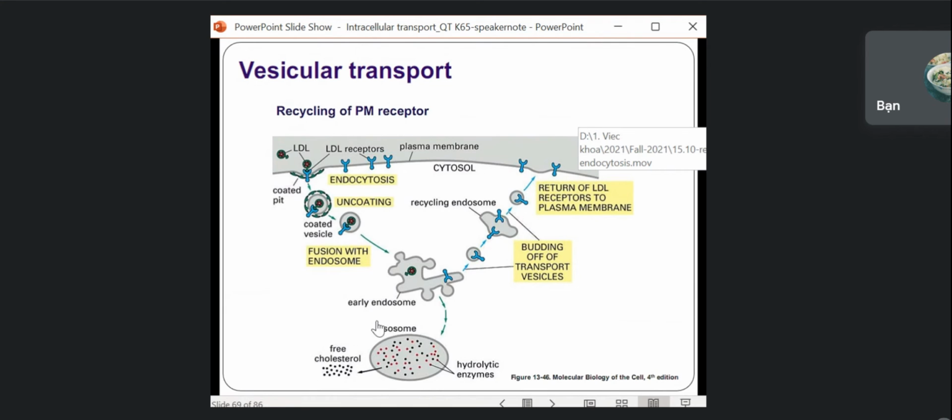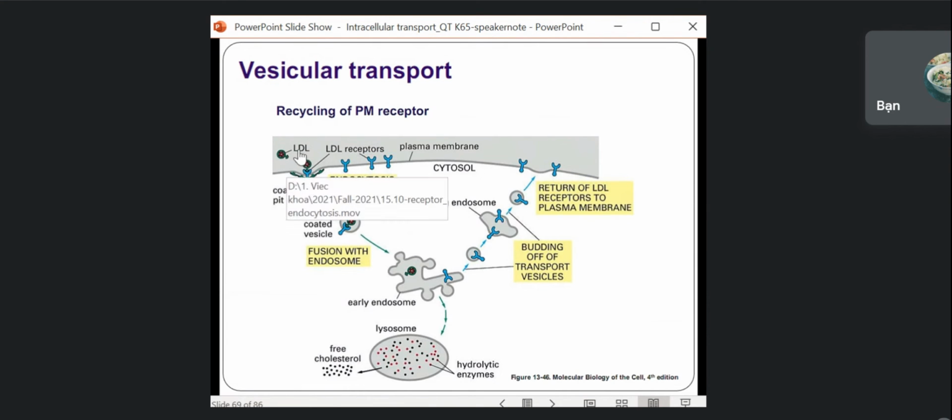Now the cell can use this cholesterol to make new plasma membrane or to make steroid hormone if this cell belongs to the reproductive gland. So this is an example of the recycling plasma membrane receptor for the LDL transport through endocytosis.